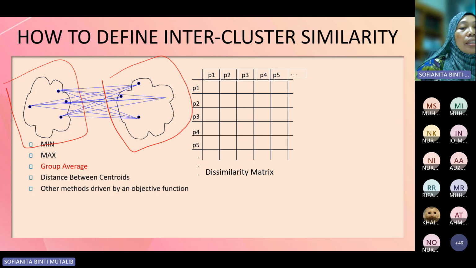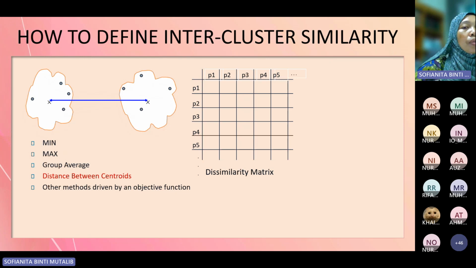Next is the distance between centroids. This slightly adapts the k-means algorithm, because k-means tries to find the seed point, which refers to the centroid. What is the centroid value?